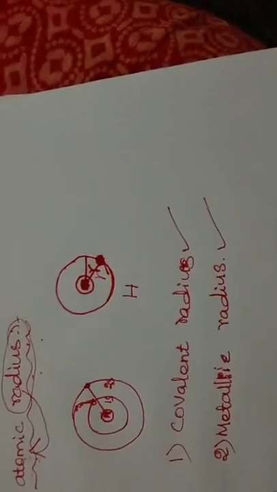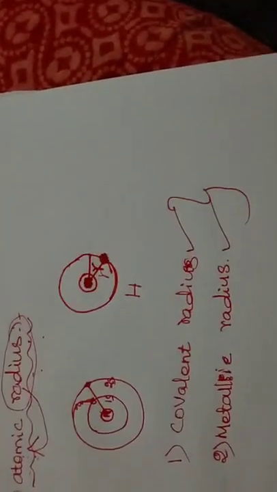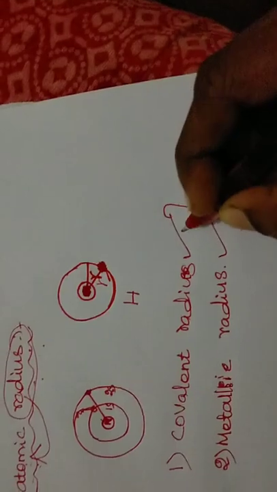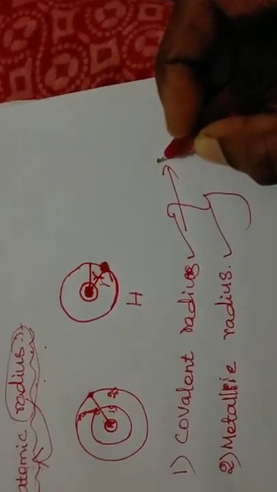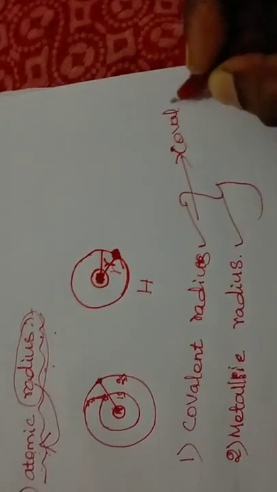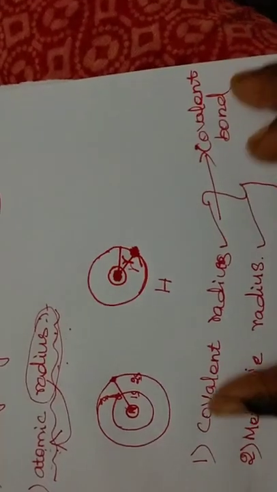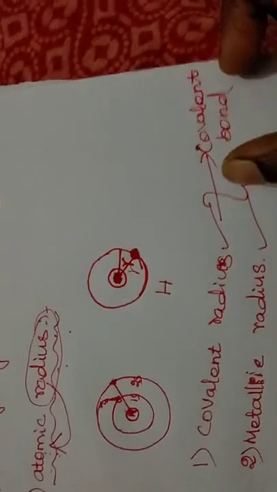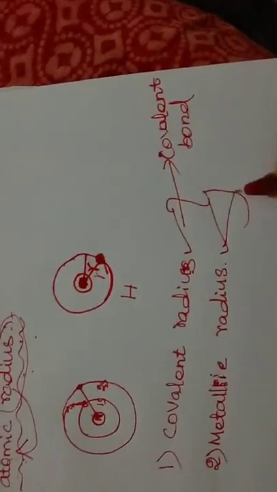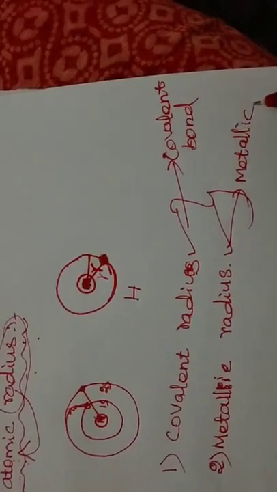So what is covalent radius, what is metallic radius, how we differentiate both? So covalent radius means the atoms are connected together by a covalent bond. Okay, by a covalent bond. So the measurement of the radius between atoms which are connected by the covalent bond is covalent radius, and the atoms connected with the metallic bond, it's known as metallic radius.